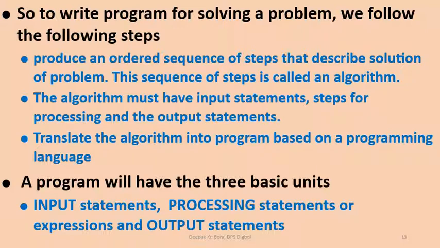Once you have said given, then you write what we know, say, area of rectangle is L into B. That is the processing step. And then you find the output and you have to display it. So in an algorithm, there must be an input statement, steps for processing, and an output statement.